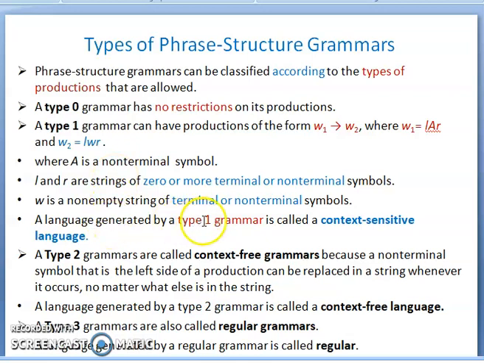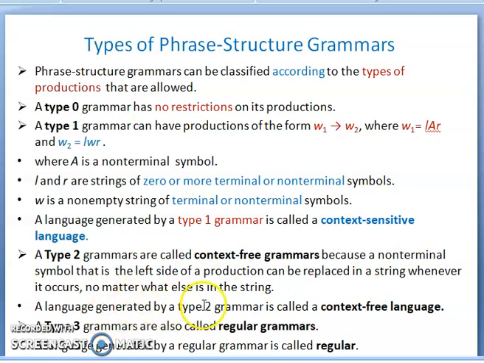A language generated by type 1 grammar, the second grammar, is called a context sensitive language. And type 2 grammar is called context free grammar because in it, the one non-terminal symbol on the left side of the production can be replaced in a string whenever it occurs, no matter what else is in the string.